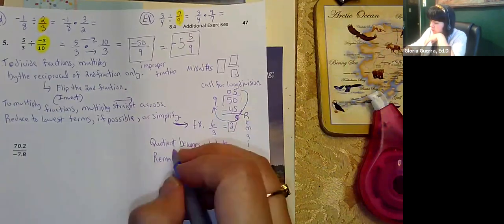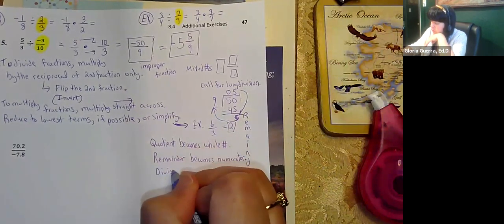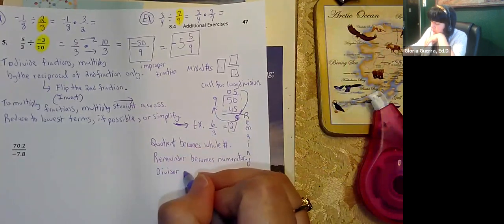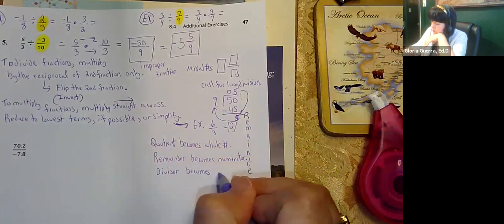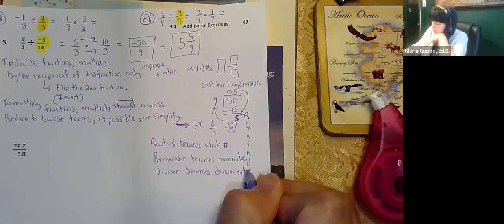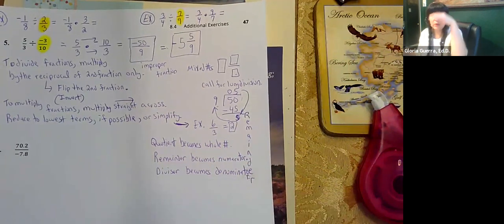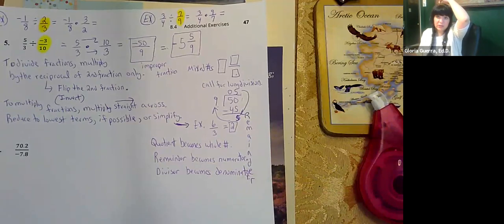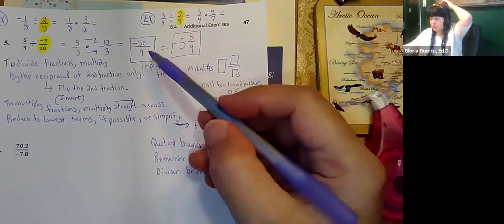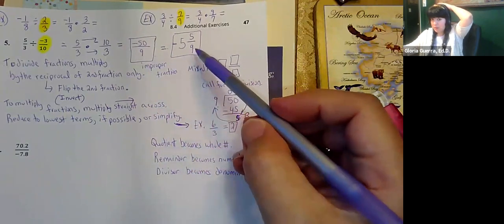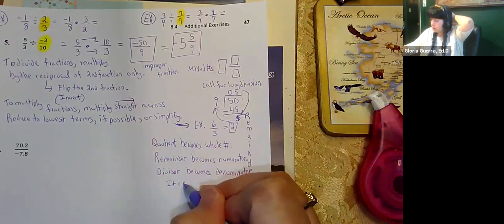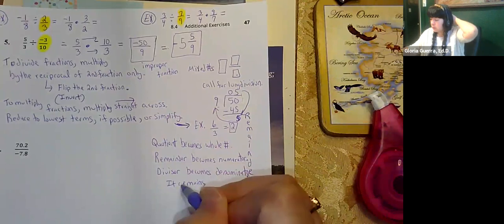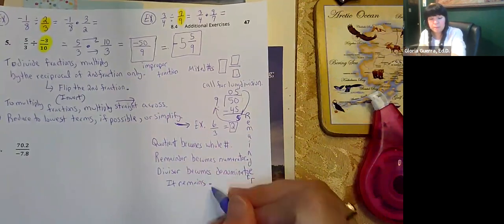The divisor, which is 9, becomes the denominator, which stays the same, because your denominator here was 9 and it remains 9. You could think of it that way.